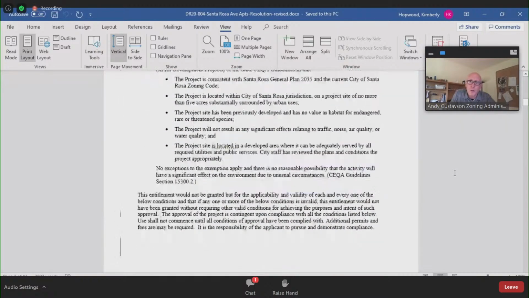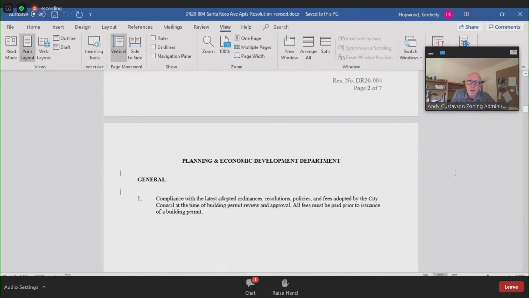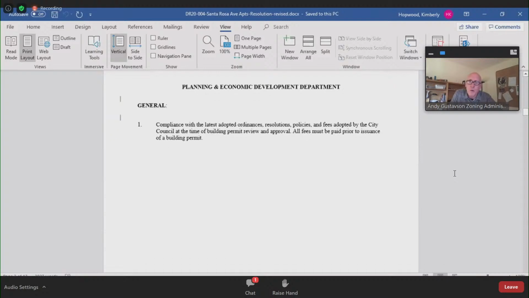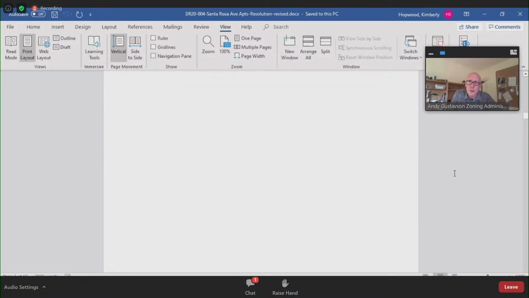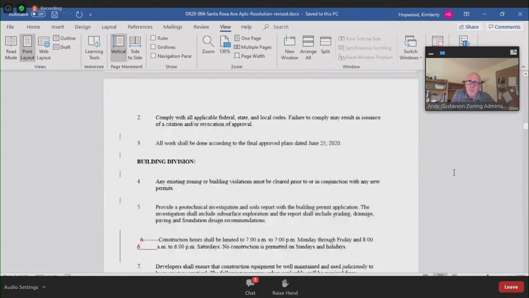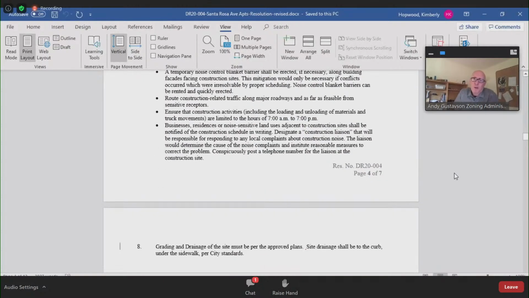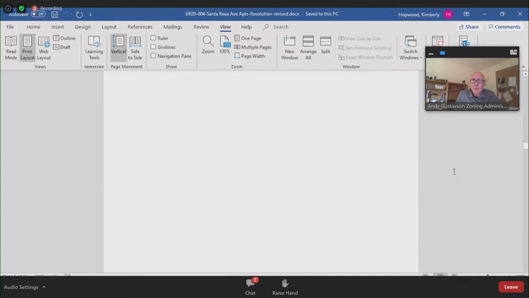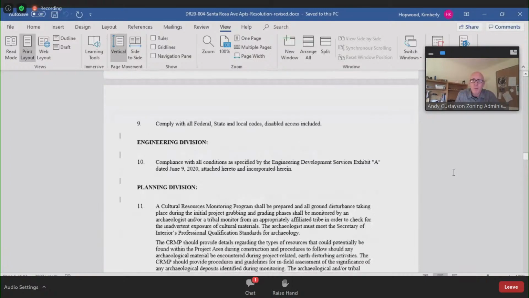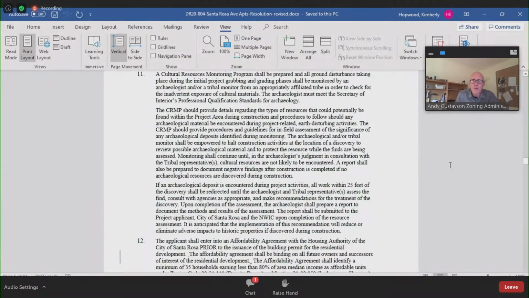Let's just scroll down to that. In reviewing this resolution, next page. All of this here is just Word document edits that are not modifications.